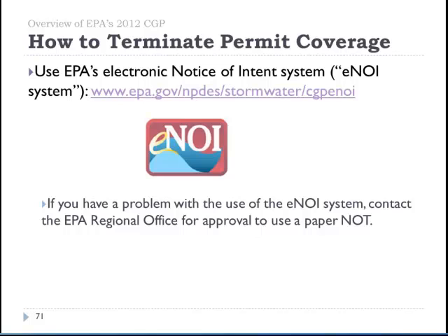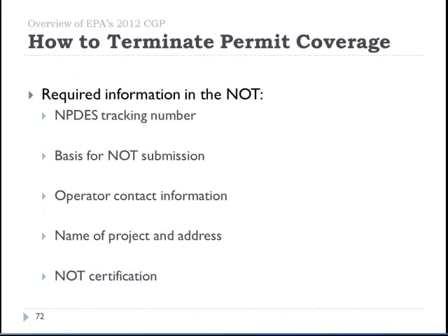It's a very basic form that requires the NPDES tracking number that was provided to you when your project was permitted, as well as the basis, one of those three triggering events that requires an NOT. Then the operator identifies him or herself, provides a project address and a certification statement. And at that point, it can be submitted.